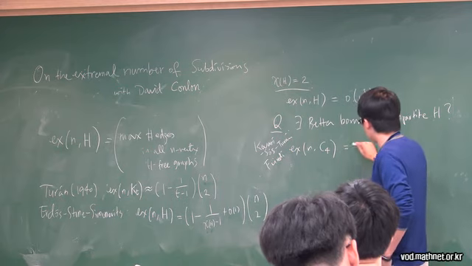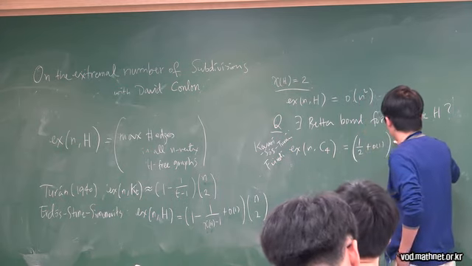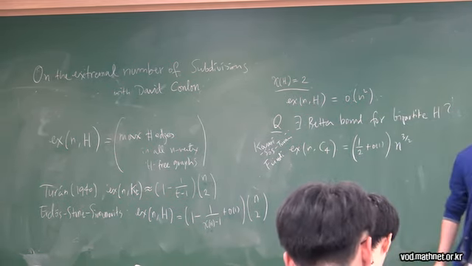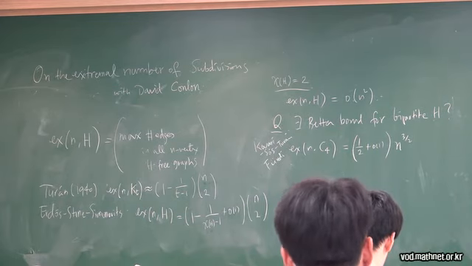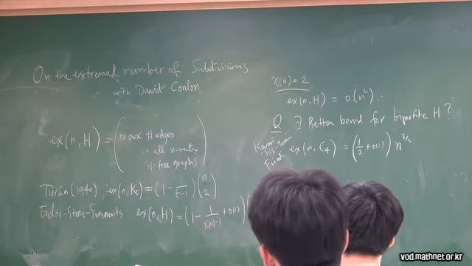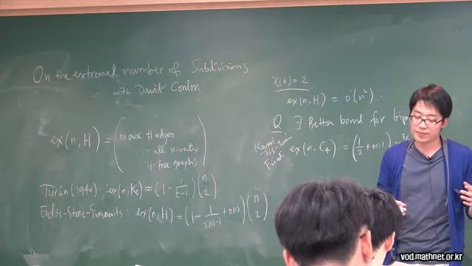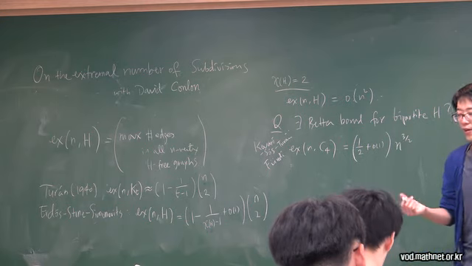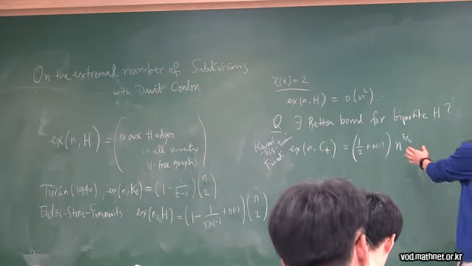Now we know the asymptotic behavior of the extremal number of the 4-cycle up to the constant. As far as I know, this is the only example where we succeeded in knowing the right constant. Apart from this result, we only know the asymptotic behavior except the constant itself in front of the n to the something.